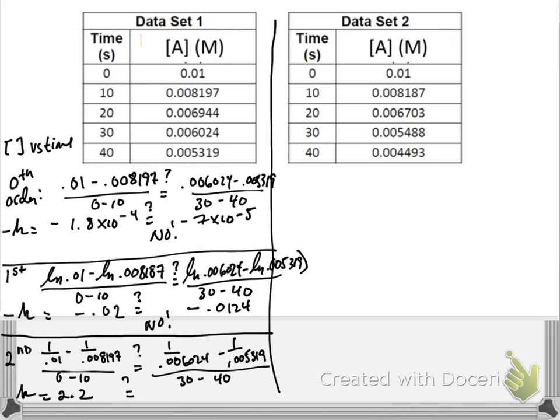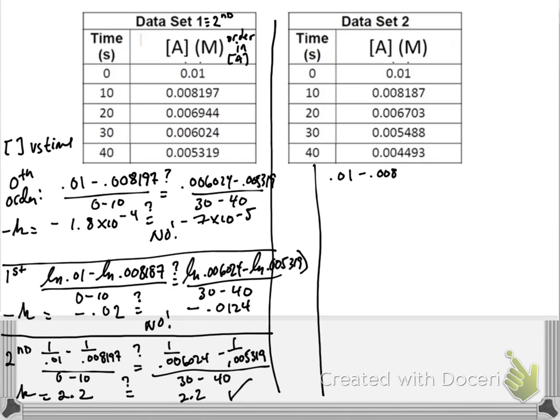And when we look at that, we see yes, the slope is the same for the reciprocal in data set 1. So data set 1 is second order in A. So that answers one part of the mechanism.